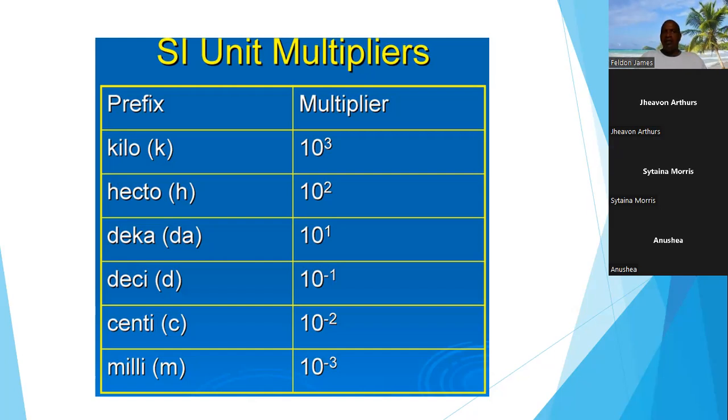Now, if you're measuring, say, for instance, the length of your fingernail, a meter rule, even though you can use a meter rule, it wouldn't be the best ruler to use. You'd probably use a centimeter ruler, right?